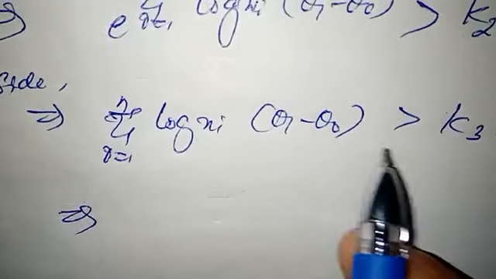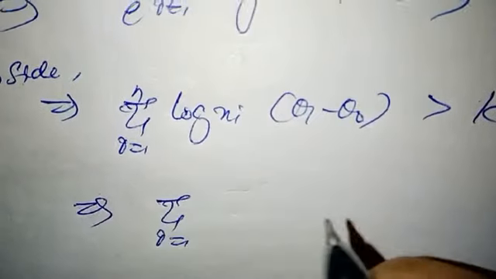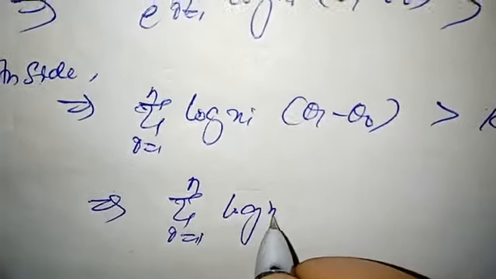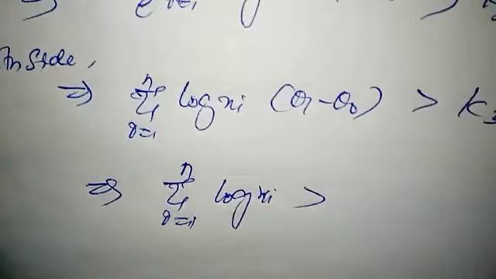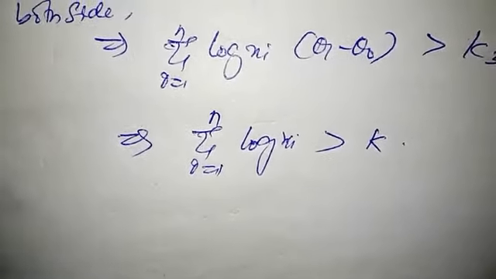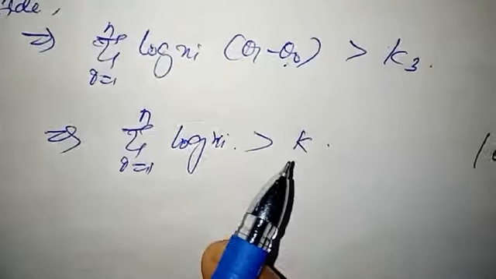Then we divide by that term, and we get summation of log xi is greater than k. Because θ1 is greater than θ0, it is a positive term, so there is no sign change.